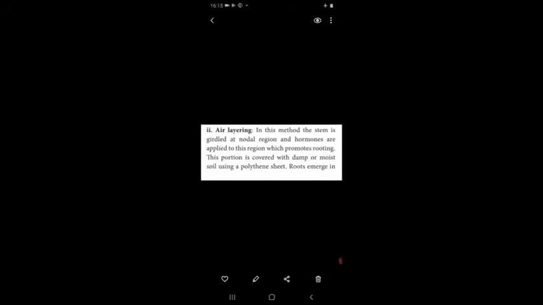Another one is air layering. In this method, the stem is girdled. We have to remove the stem content which is present in the nodal region and apply some hormones externally to allow the nodal region to produce roots.